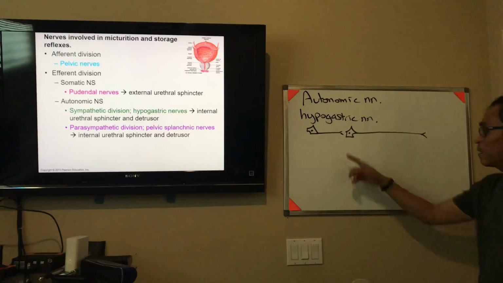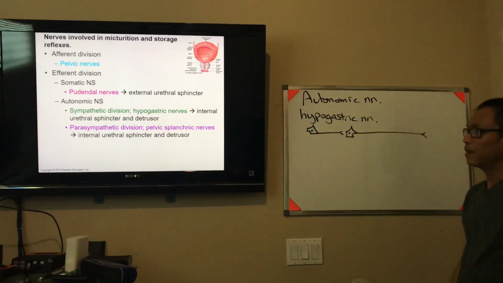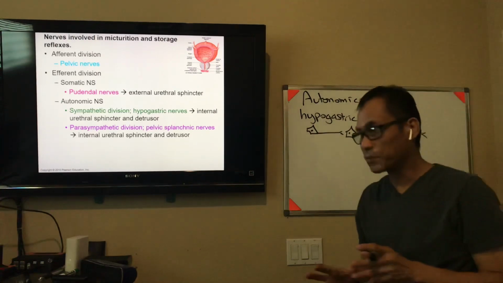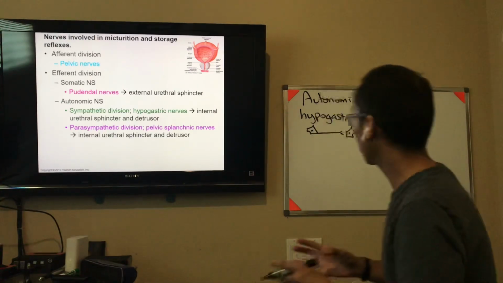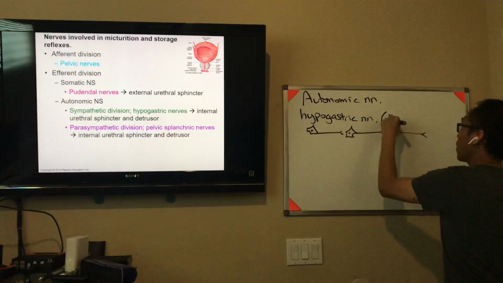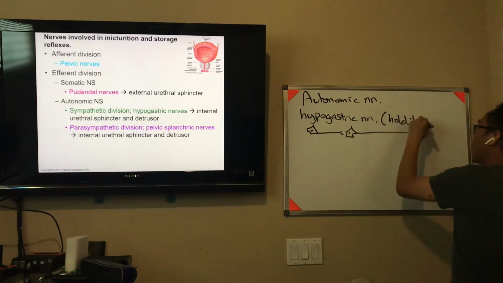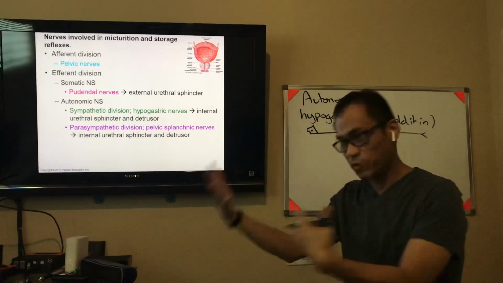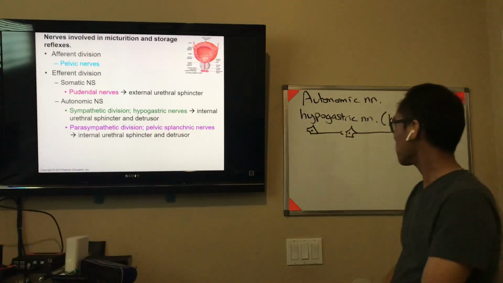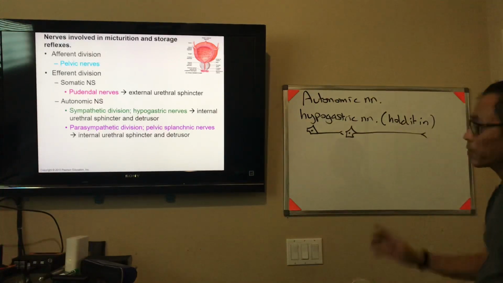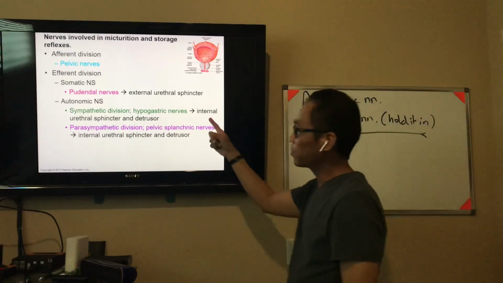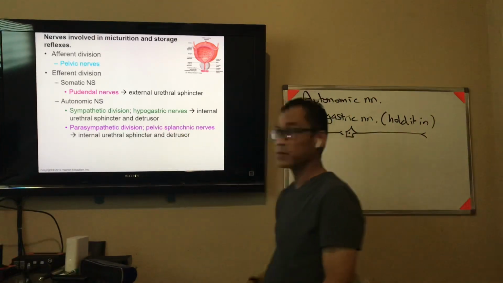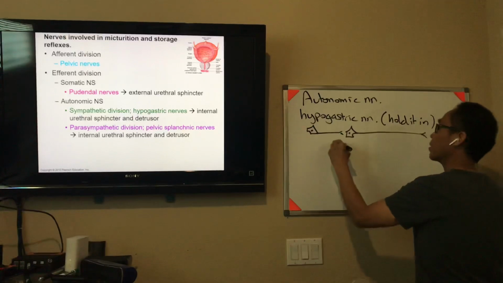That was kind of the efferent arrangement of the sympathetic division. Now the sympathetic division helps you hold it in, okay? Storage reflexes keep the urine in the bladder until you get to the restroom, correct? And so they're going to innervate a couple of things: the internal urethral sphincter and detrusor muscle of the urinary bladder.